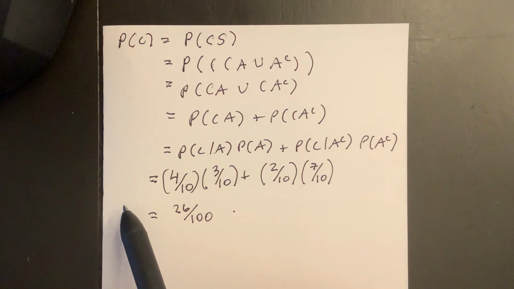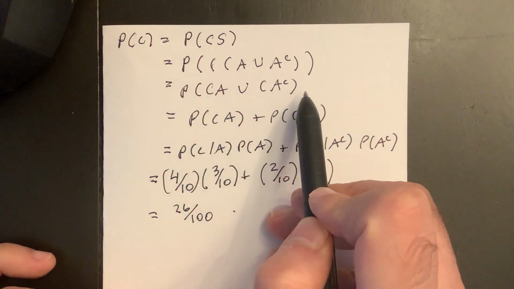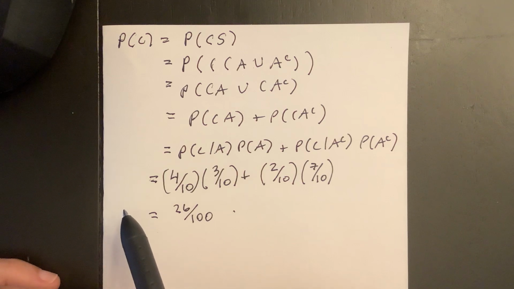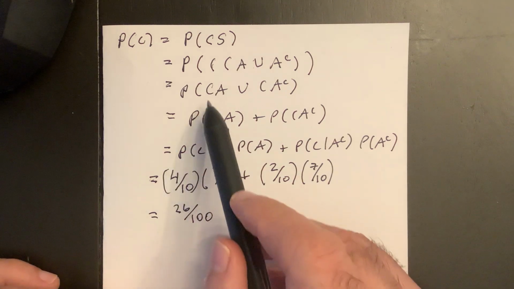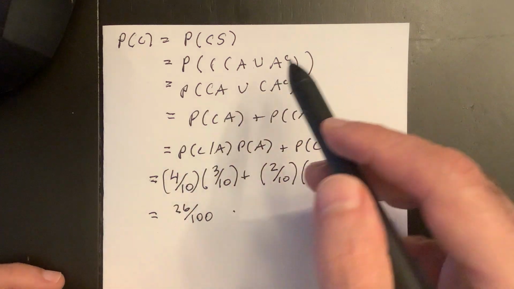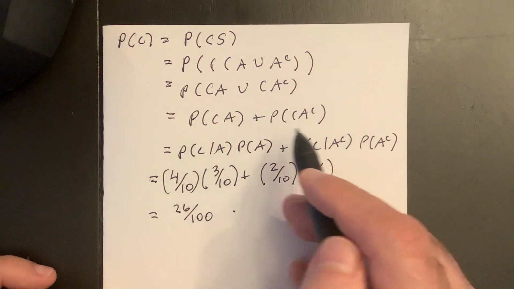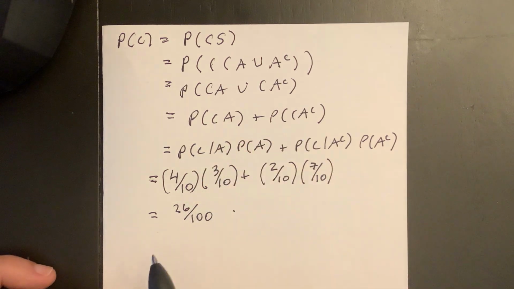If I had 12 different categories that the insurance company used, I would just take a union of 12 different intersections of C with each category. As long as they're mutually exclusive and their union is the whole sample space, this is valid just from these steps, right? Basic axioms. Okay, and then you get to here and you can just compute this sum.